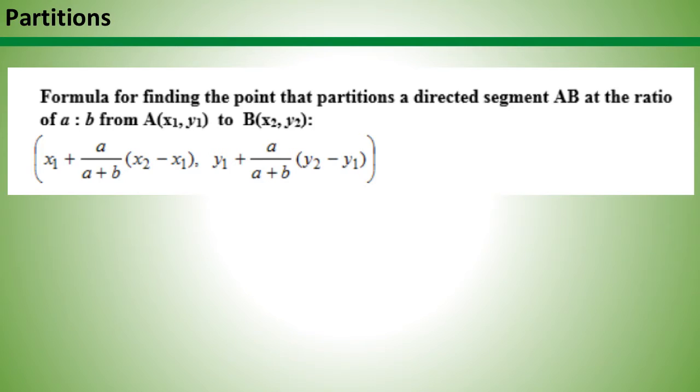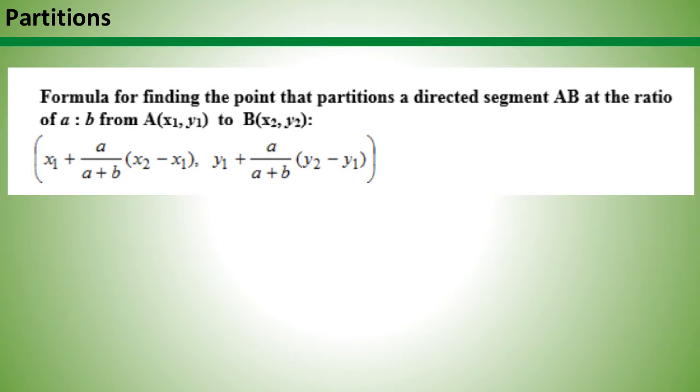So the formula for partitions, we talked about this the other day, but just to review, if I wanted to find the point that partitions the segment AB at a ratio of A to B from these 2 points, there's really 3 different parts of this formula.